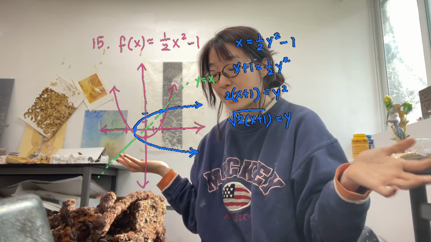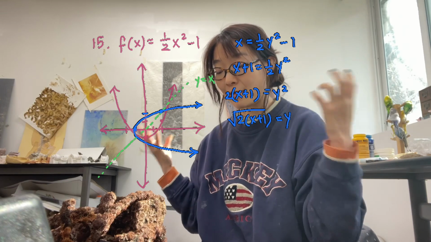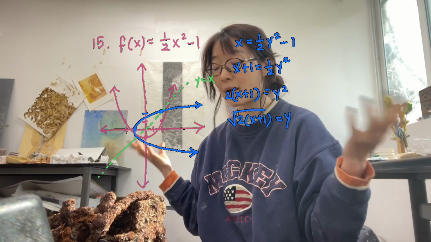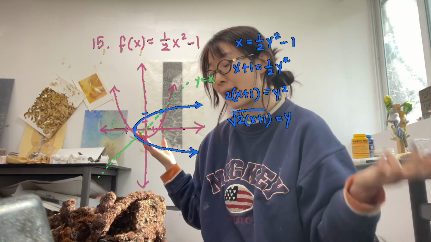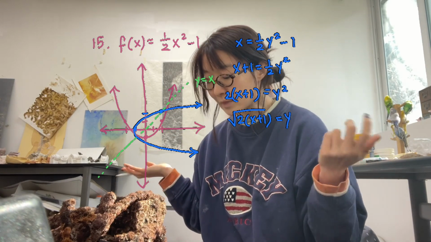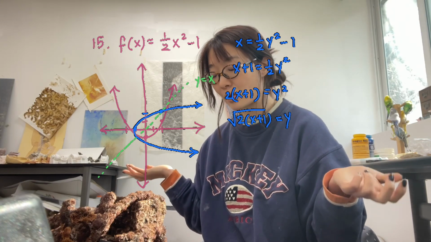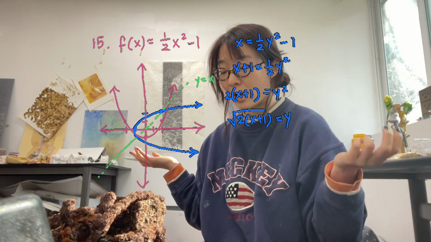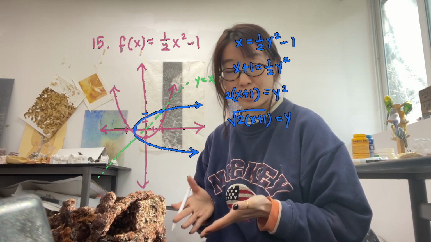But on top of doing that, I simply found the inverse function again by switching x and y and then solving for y in terms of x. And my inverse function comes out to be the square root of 2 times x plus 1. And I went ahead and graphed that in blue.